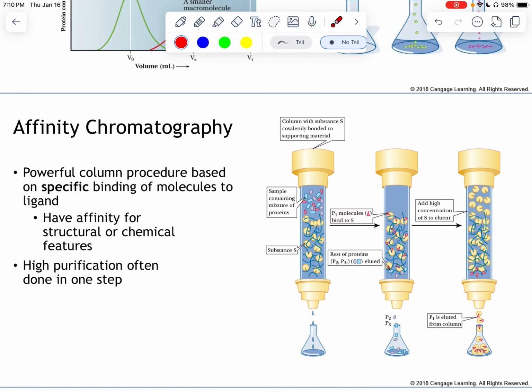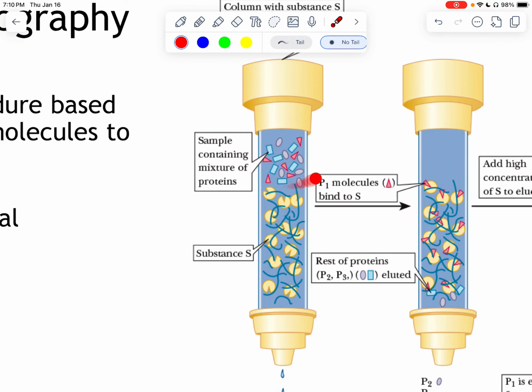So if you look at the protein sample we're putting through, we've shown it with three different shapes: little triangles, little rectangles, little ovals. Well, those triangles bind right here to this substance. Now we have taken this substance and attached it to our stationary phase.